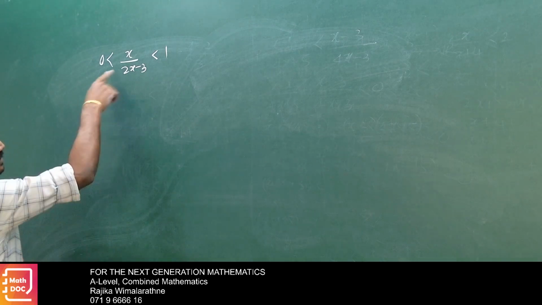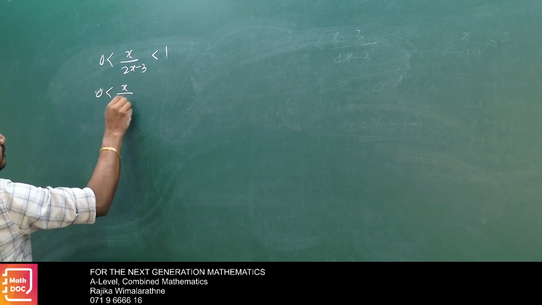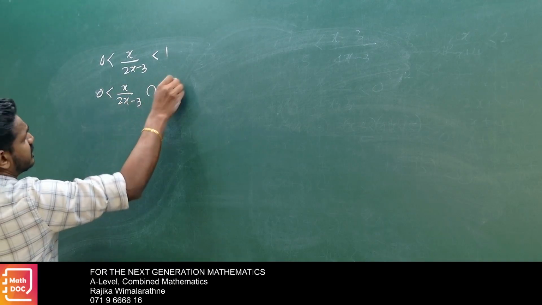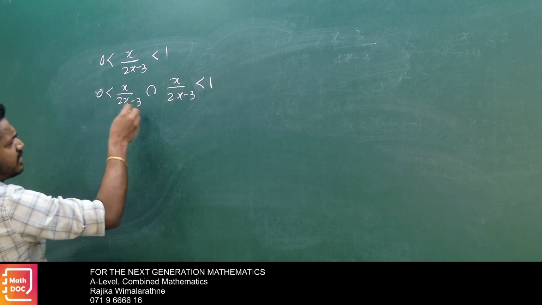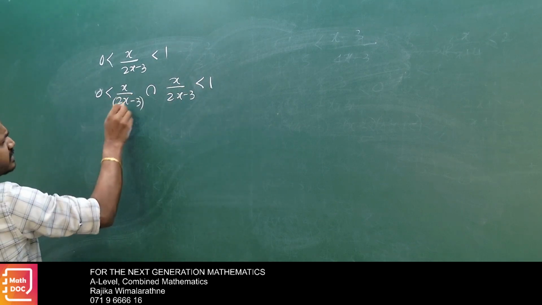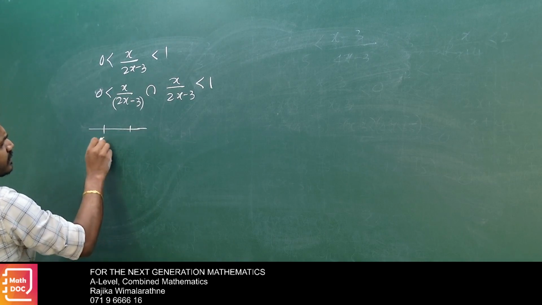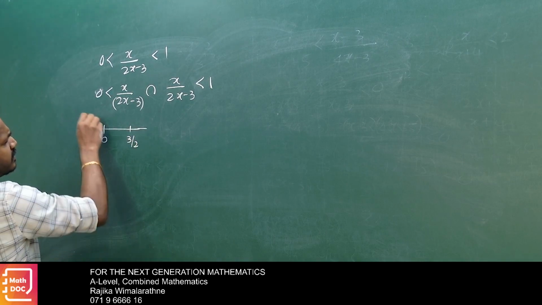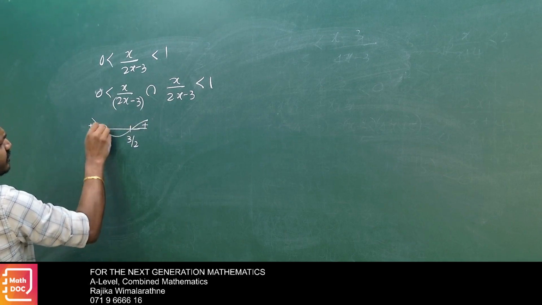So anyway, you separate them with an intersection sign. So separately evaluate. Here we can do it in factor form, one side 0. Positive region here and here, no?